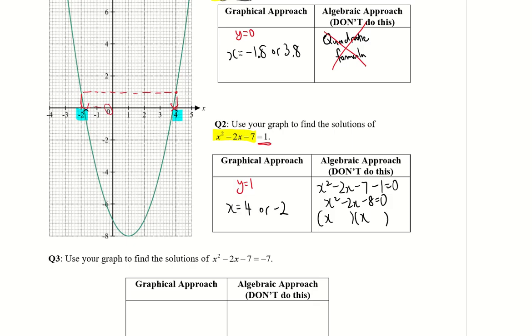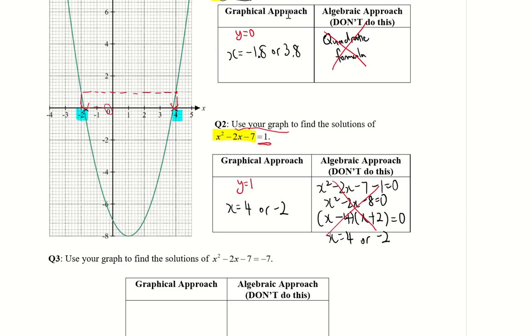X times x equals x squared, I have -4 and plus 2, and I solve it, x equals 4 or -2 also. But I won't do this, because the question says use your graph. Otherwise you'll be penalized. Okay, let's look at the last one.